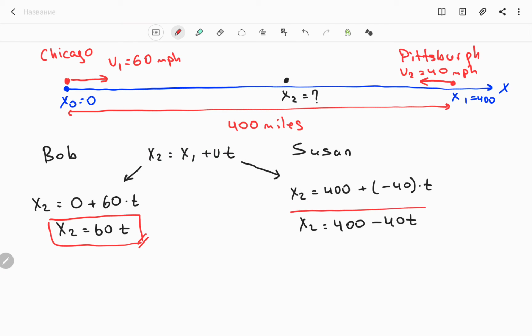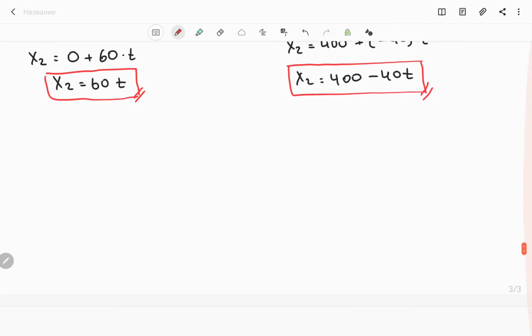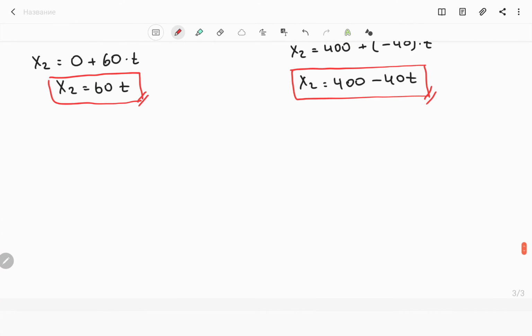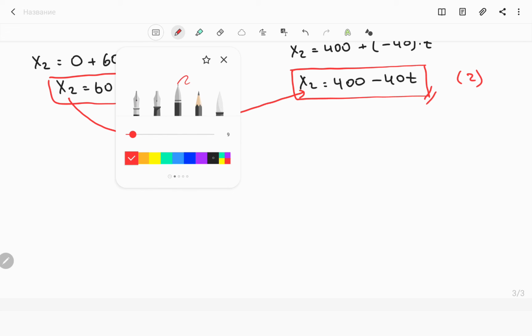And we have two unknowns and we have two equations. It means we can solve this problem. So let's number it. This is the first equation, this is the second equation, to keep it in mind. Now we can bring x2 from the first equation and put it into the second equation.